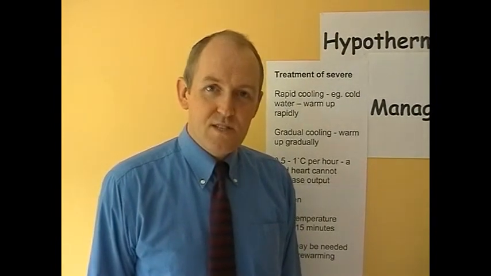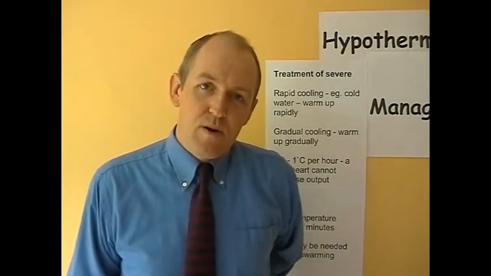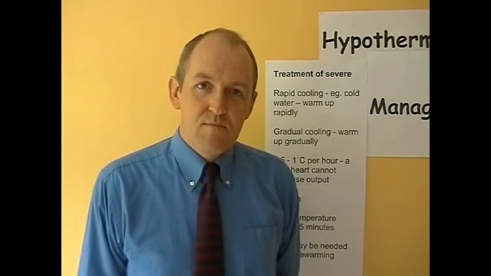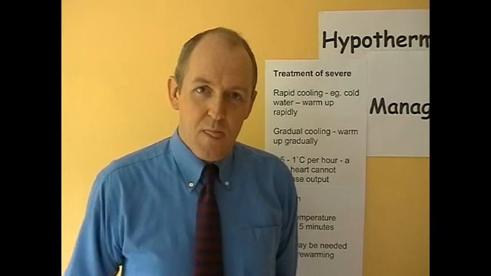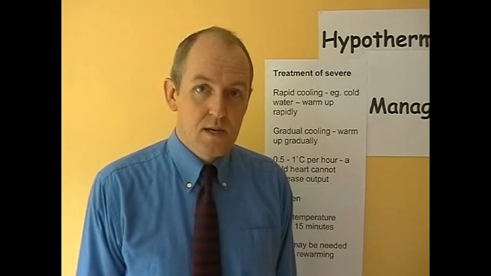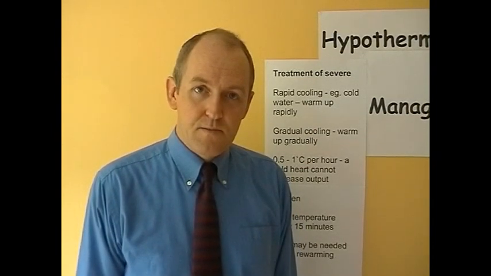One of the reasons that patients who have got established hypothermia, who've cooled down over a longer period of time, can't be warmed up quickly, is that the heart can't cope with the increase in venous return. So as the blood volume starts to increase, because the fluids are drawn in from the tissue fluid back into the blood, the cold heart just can't cope with the increased preload, and it'll put such a strain on the heart that there's a risk of fibrillation.